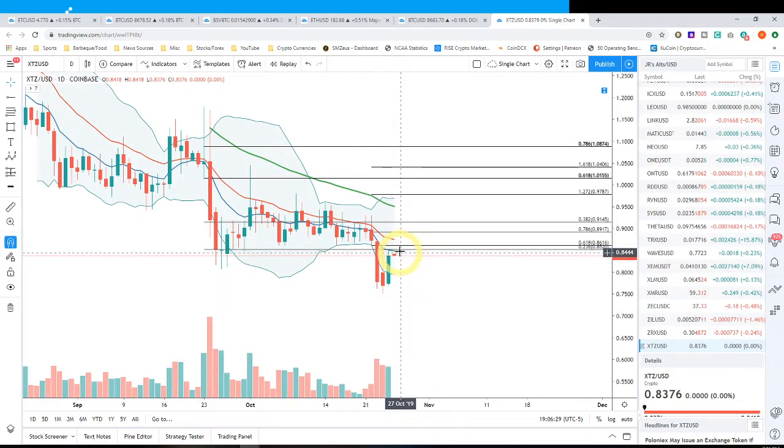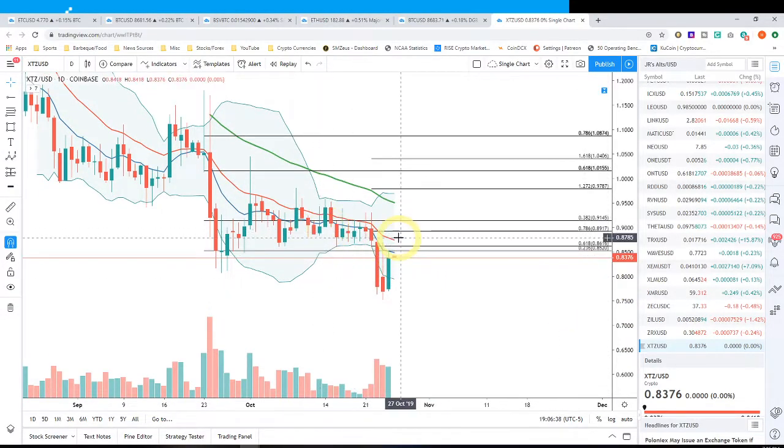Resistance, right? That's why it's stopping there, along with the lower Bollinger Band. And if this thing breaks out, you're probably going to look at the 78.6. That's your next resistance zone. So 0.8938.